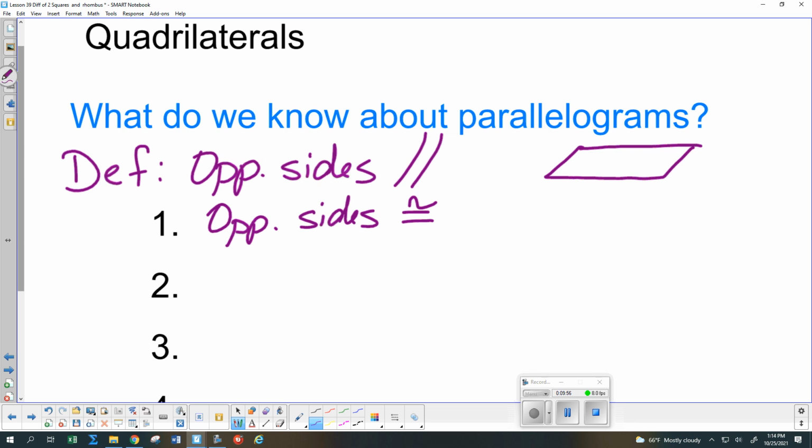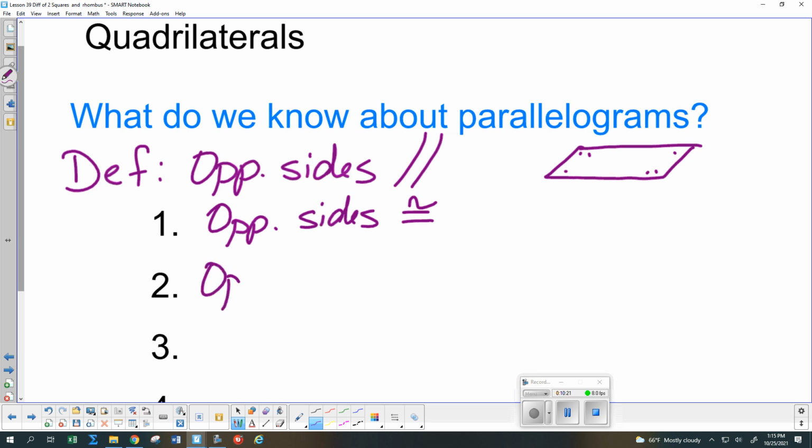There were also some things we learned about the angles in these figures. Nicole, do you remember one thing about angles? Opposite angles are congruent. If you look across, you've got two acute angles. Those have the same acute measure. The obtuse angles have the same obtuse measure.